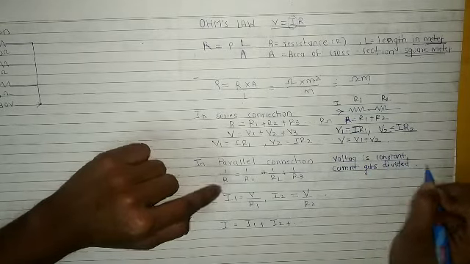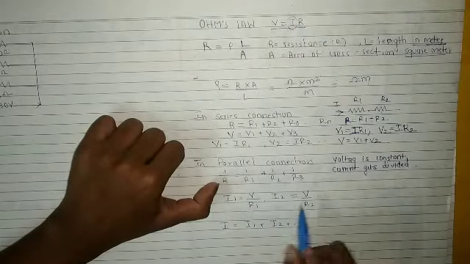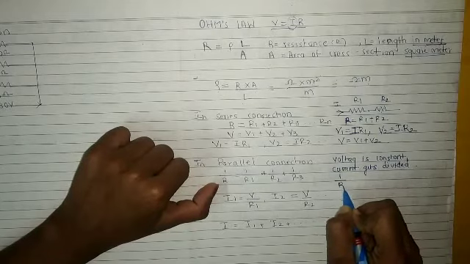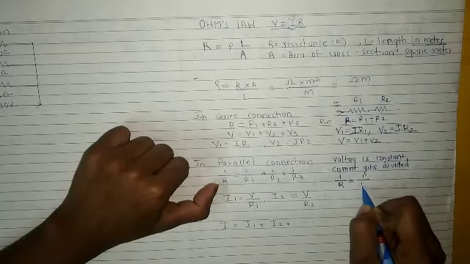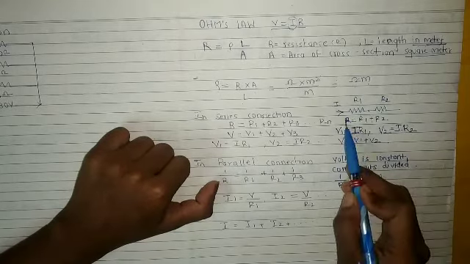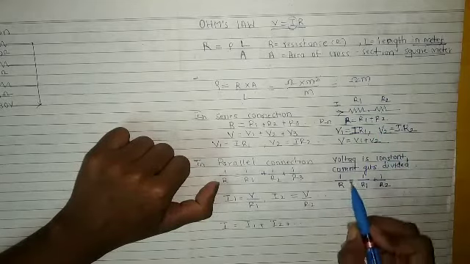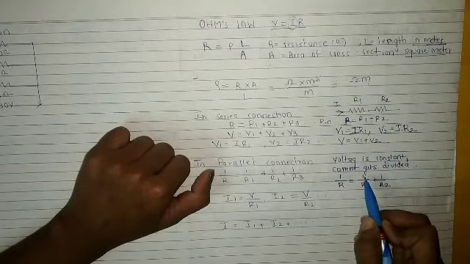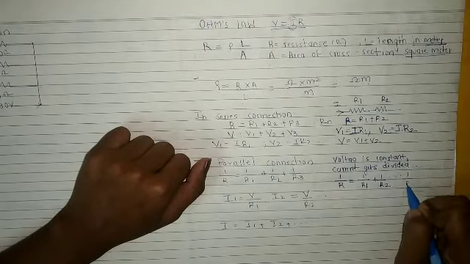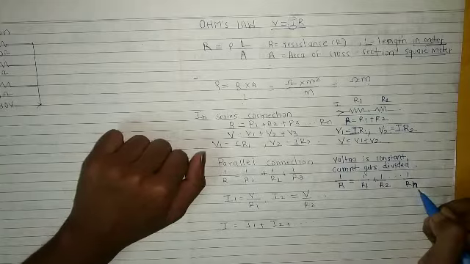In parallel connection, how do we find resistance? 1 upon R is equal to 1 upon R1 plus 1 upon R2. In series it is simply R is equal to R1 plus R2, but here it's 1 upon R equal to 1 upon R1 plus 1 upon R2, up to however many resistances are connected, so this will be the last resistance value here.